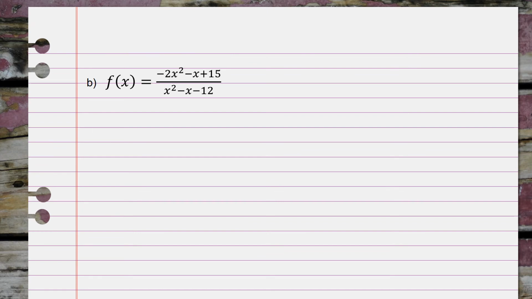Example B, f of x equals -2x squared minus x plus 15 all over x squared minus x minus 12. Now this is written in the expanded form, which means I can clearly see my highest degree in the numerator and the highest degree in the denominator.